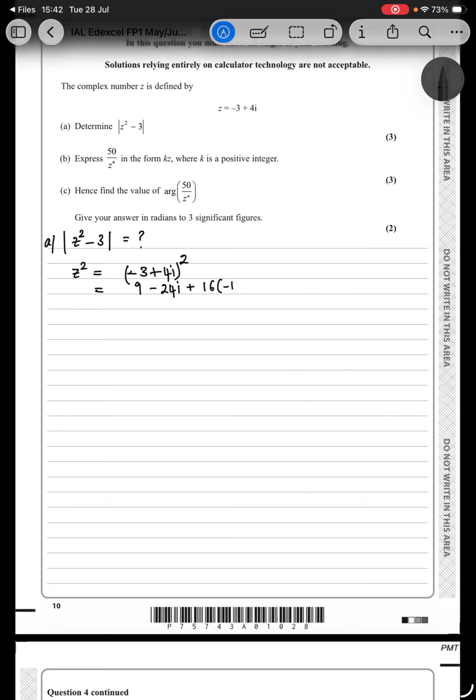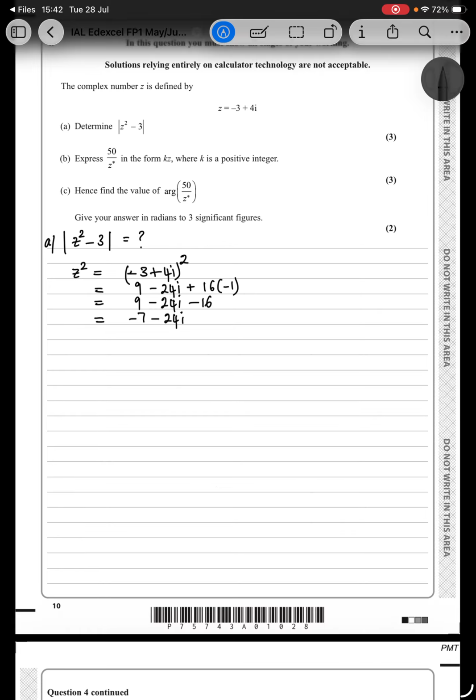So we can write it like this: 9 minus 24i minus 16. So 9 minus 16 will be minus 7 minus 24i.